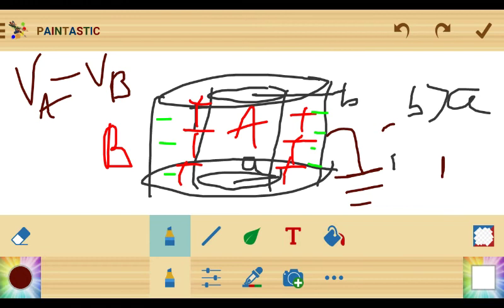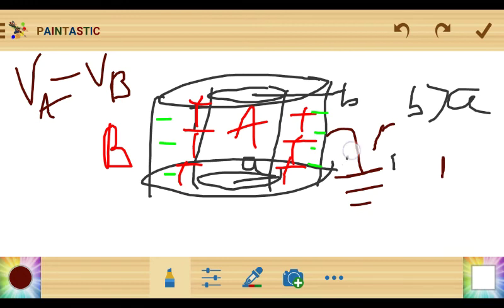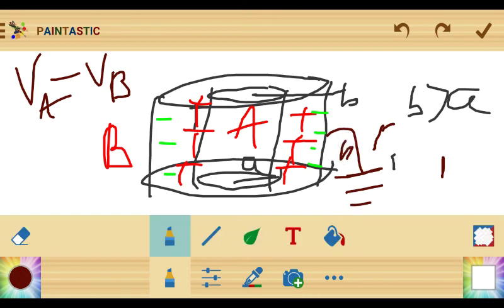Now as we have learned integration and differentiation, here we will use the integration method, or simply using Gauss theorem.